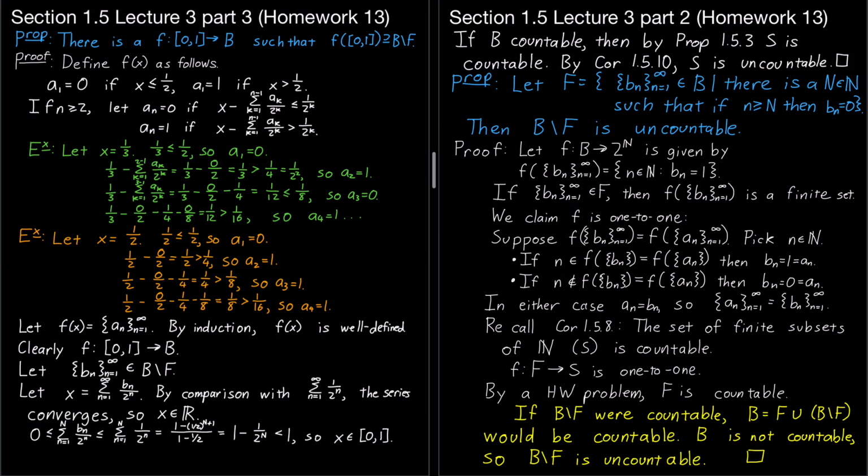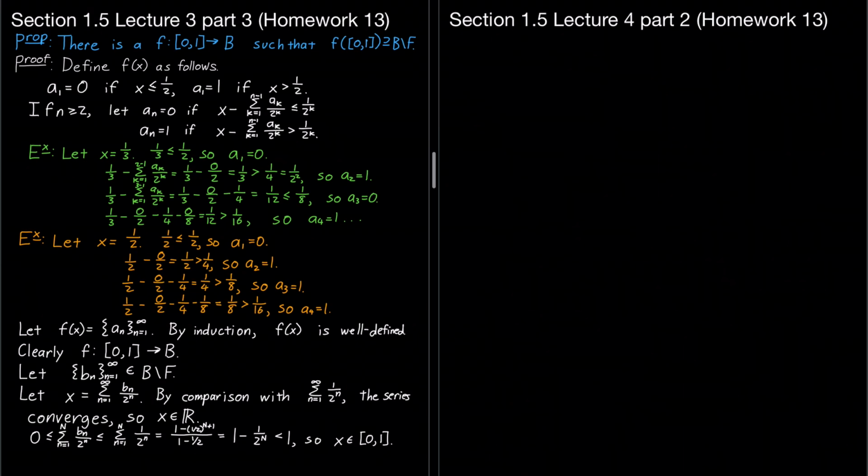All right. Now what we are going to do is think about f of x. So let f of x be some sequence, since f is a function from 0, 1 into these binary sequences. Let's call it an.